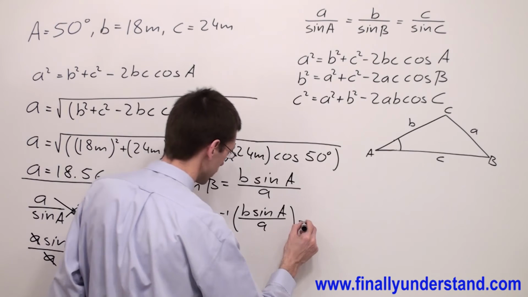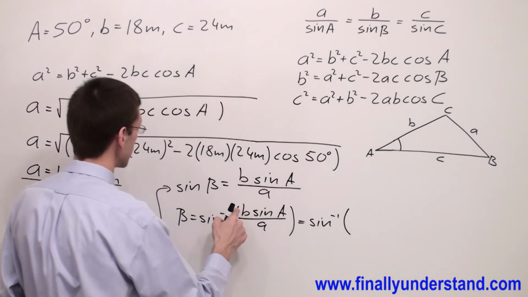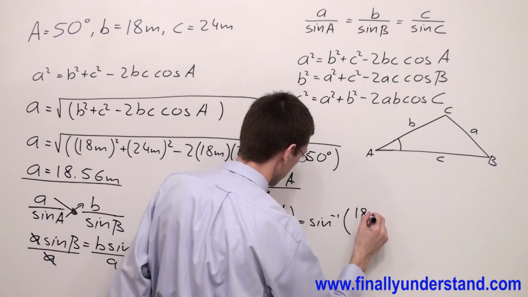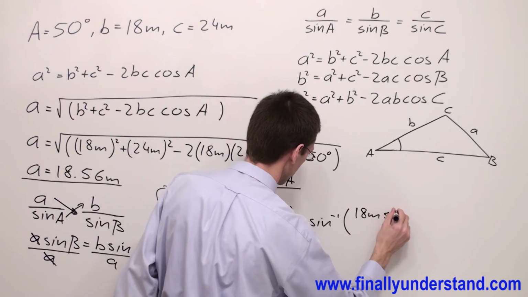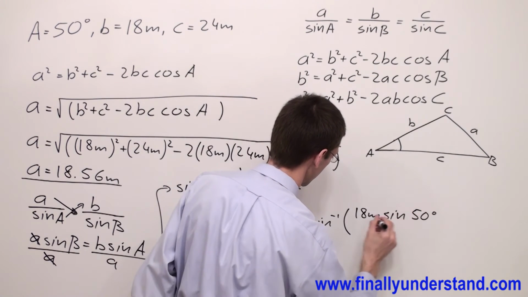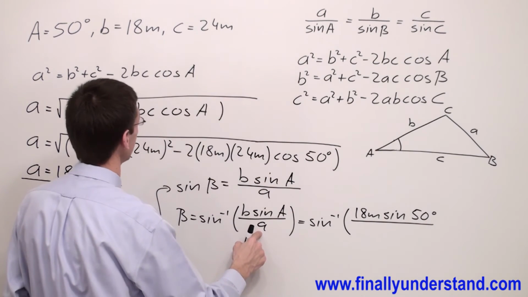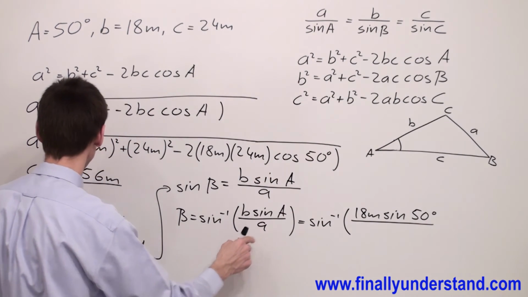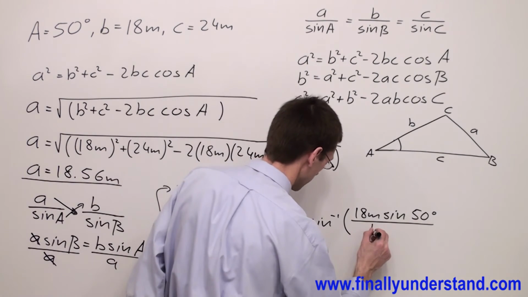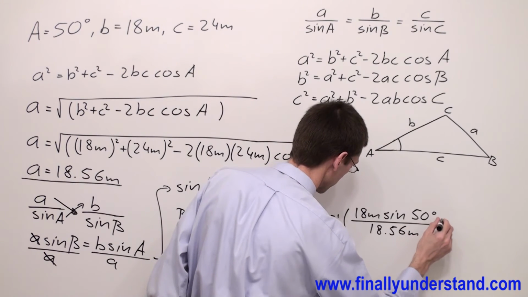Plug in the numbers and you are going to have inverse sine. Side B is equal 18 meters, sine of angle A, which is equal 50 degrees, over side A, and we found side A is equal 18.56 meters.